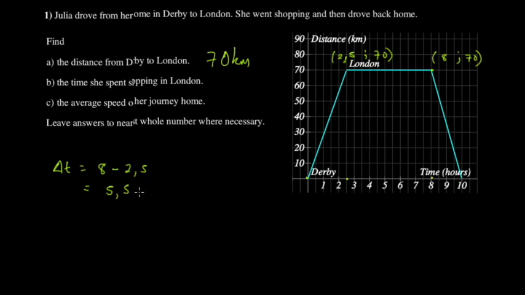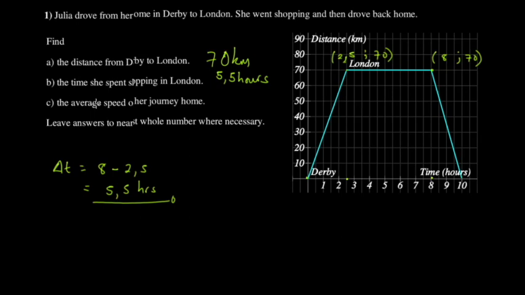Don't forget to put your units, so it's 5.5 hours. That's the time she spent. It's very good etiquette, whenever there's any change in the shape of the graph, to label those parts with their coordinates, so you can just use the values instead of looking them up again.